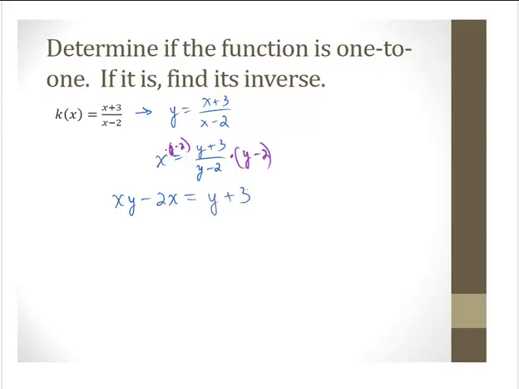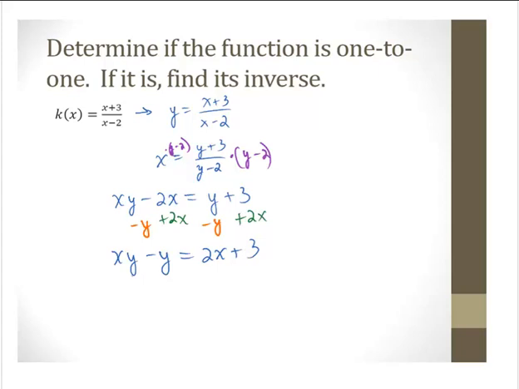Now I want to solve for y. So I'm going to get everything with the y on one side and everything without the y on the other side. I'm going to bring everything with the y to the left, so let me subtract y from both sides. And I'm going to bring everything without the y to the right-hand side, so let me add 2x to both sides. So then I have xy minus y is equal to 2x plus 3.